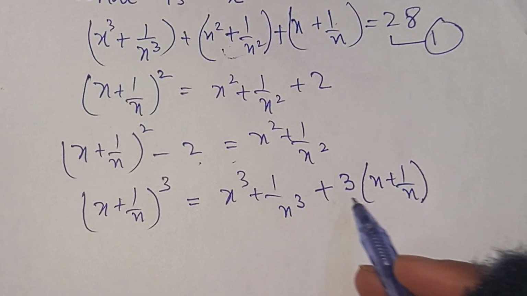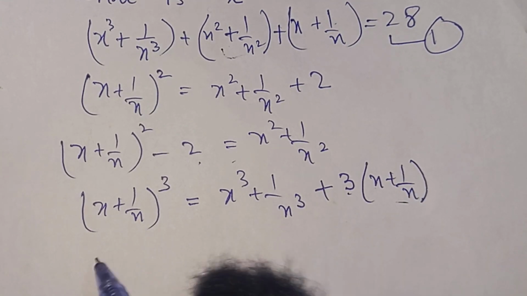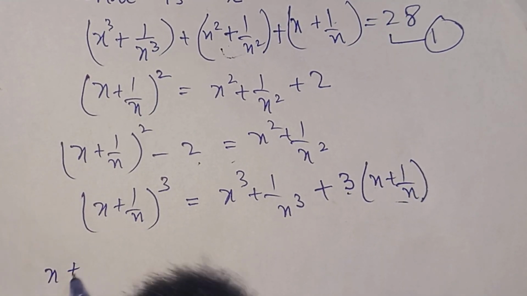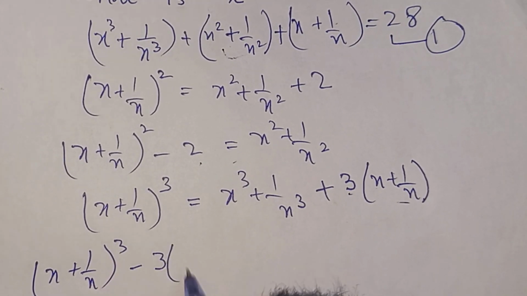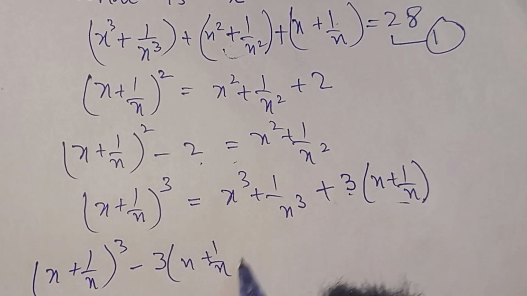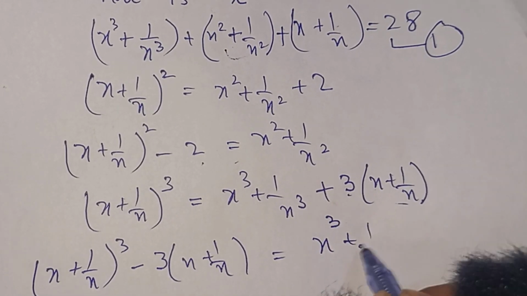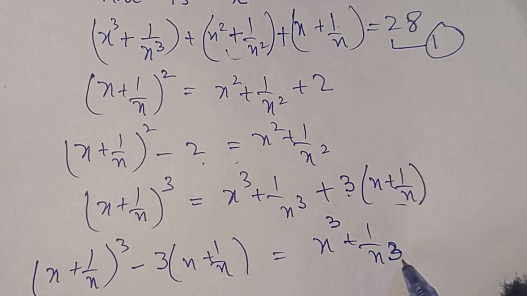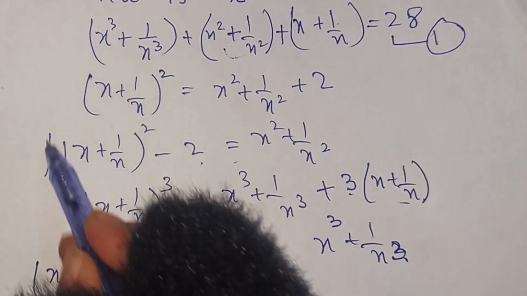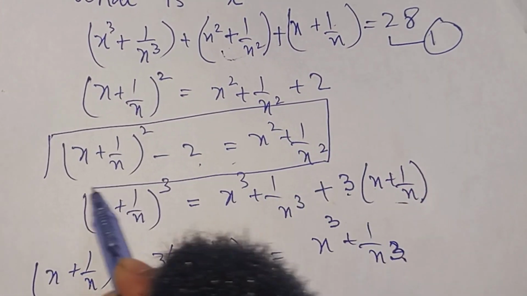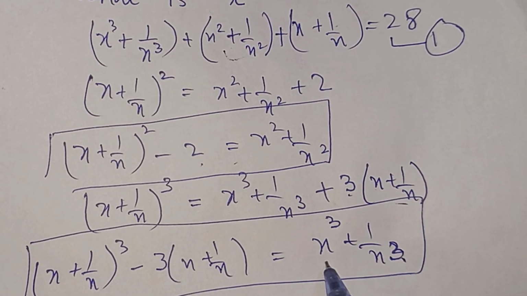If we subtract 3 multiplied by (x + 1/x) on both sides, this implies (x + 1/x)³ − 3(x + 1/x) is equal to x³ + 1/x³. Now in the next step, we use this identity and this identity in equation number 1.